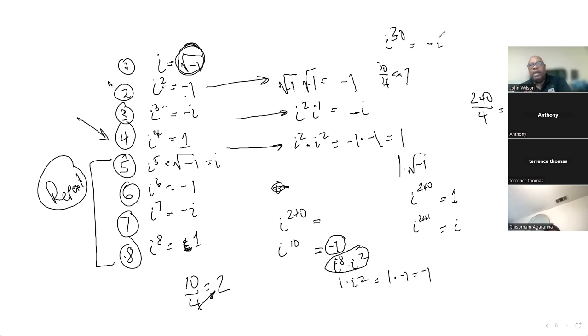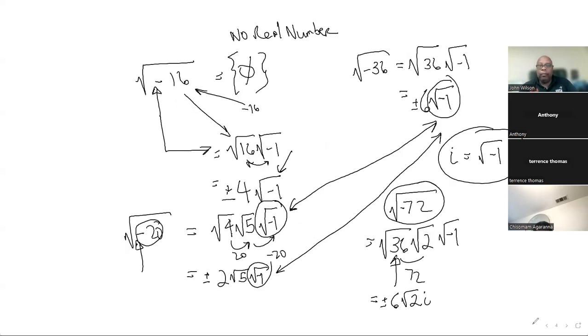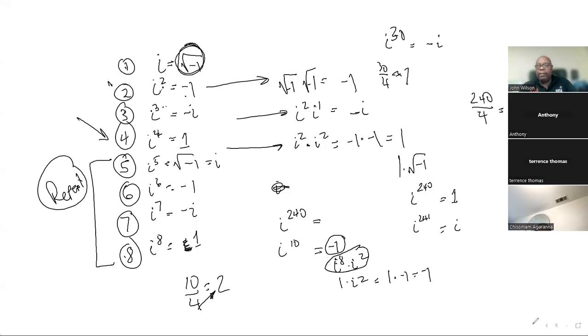So the answer is minus i. Just have that in your notes. It's not central to our discussion. The central part is what I covered just a minute ago when I was taking the square roots. It's like an optional topic.